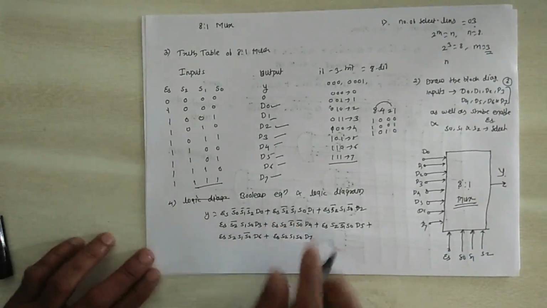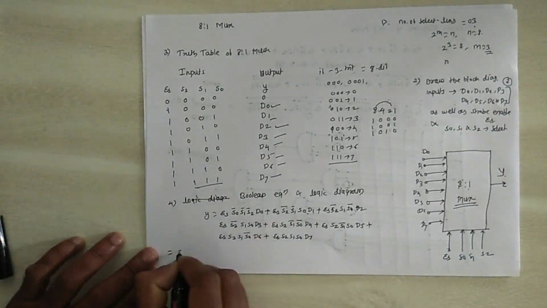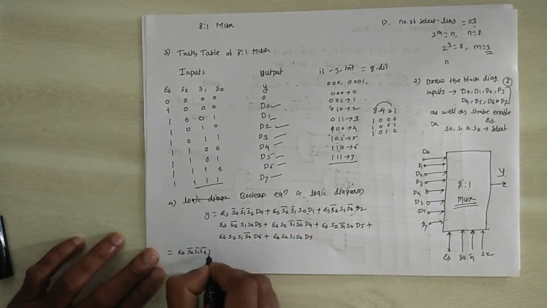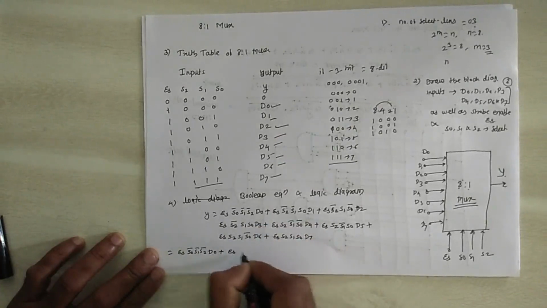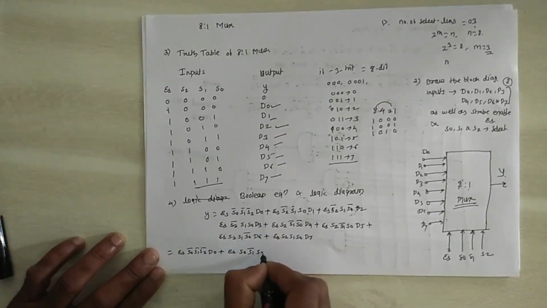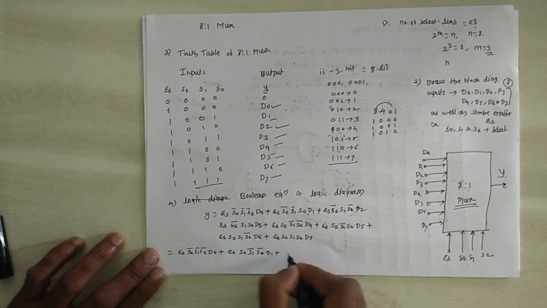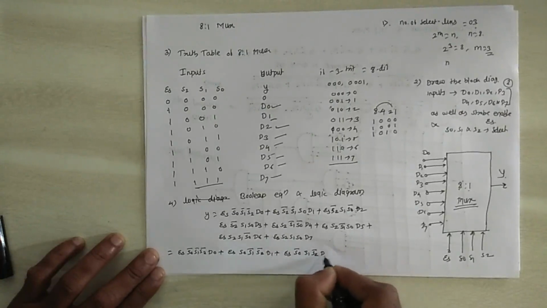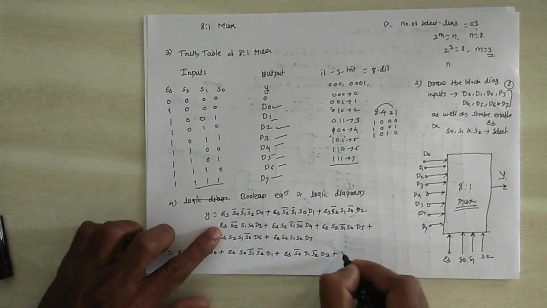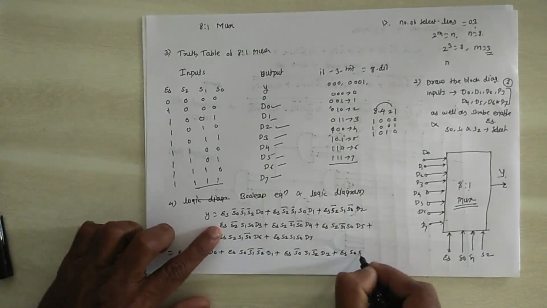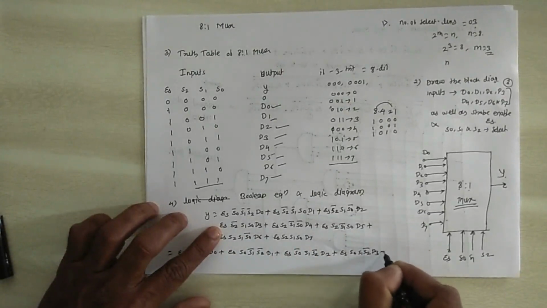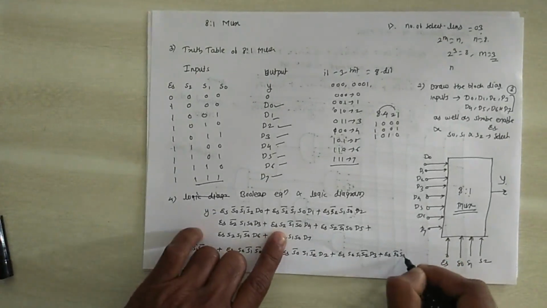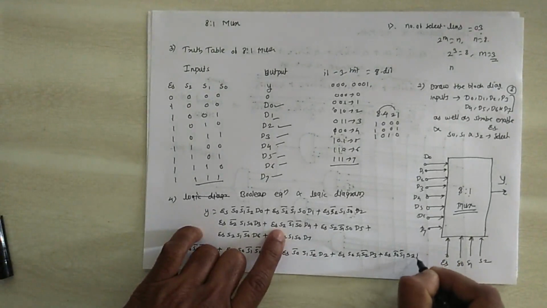So according to this, just write down all this in sequence. First ES, S0 complement, S1 complement, S2 complement, D0 plus ES, S0, S1 complement, S2 complement, D1 plus ES, S0 complement, S1, S2 complement, D2 plus, for this write down sequence, ES, S0, S1, S2 complement, D3 plus for this ES, S0 complement, S1 complement, S2, D4.